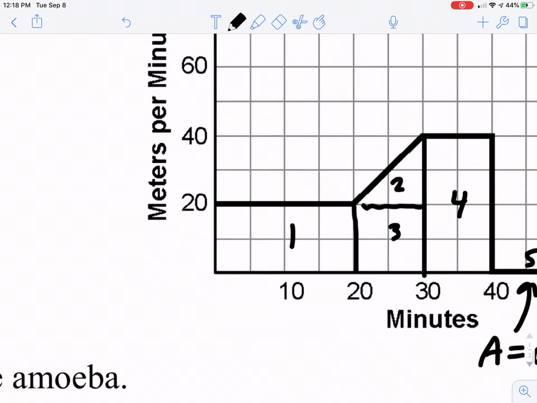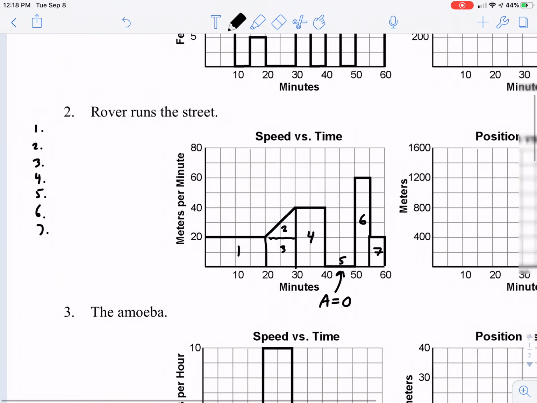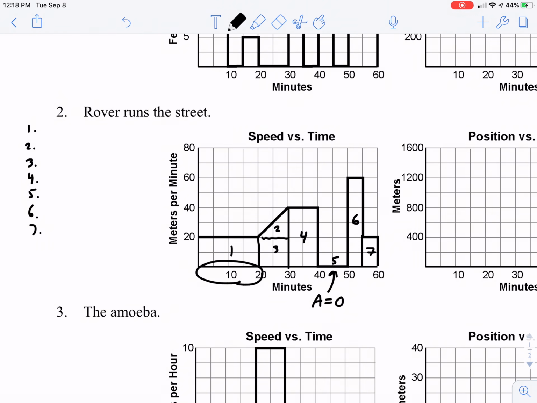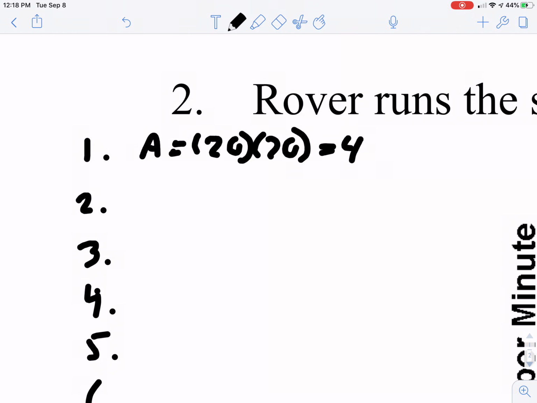So first one. The first one is this segment right here. That segment would be 20 times 20, meaning in the first 20 minutes, we have an area of 20 times 20, or 400 meters.